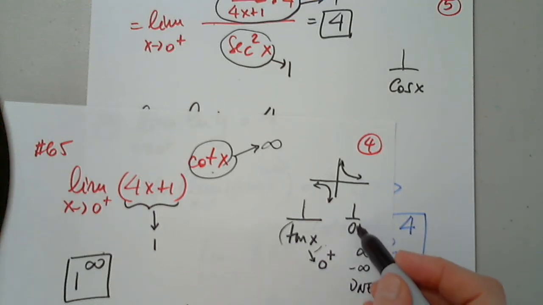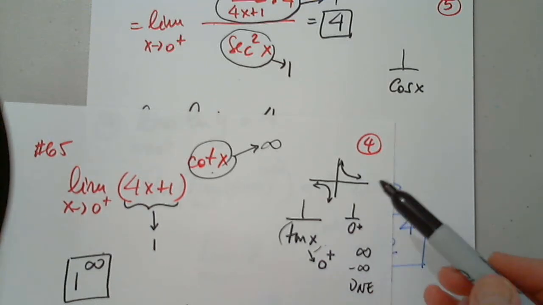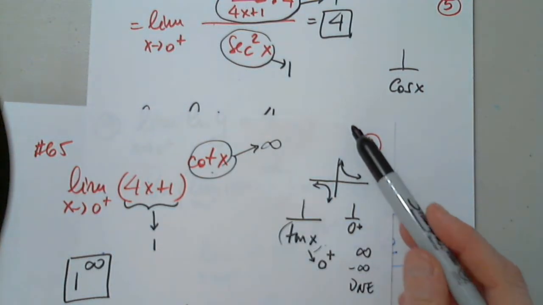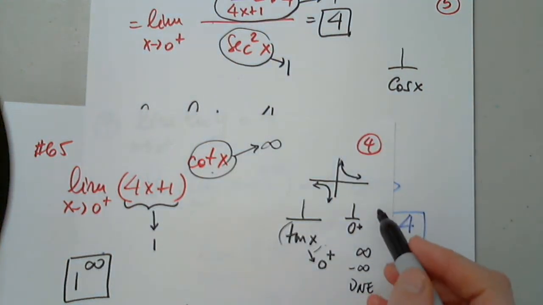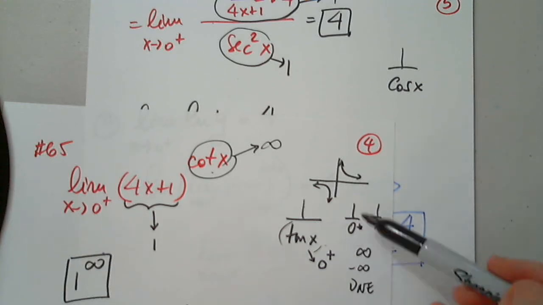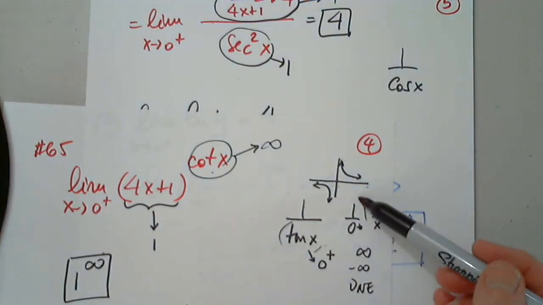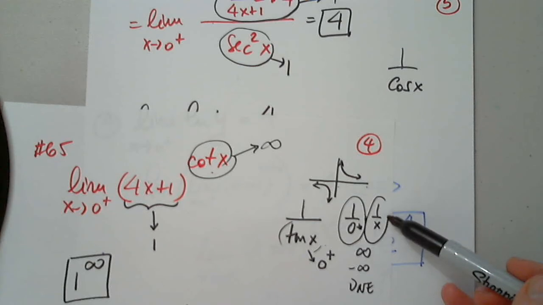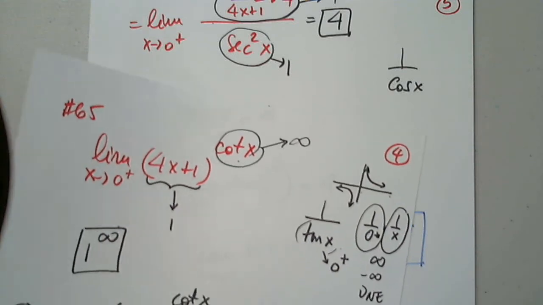But this is 0 from the right. 1 over 0 from the right is this, infinity. It's the same with the function 1 over x, when x approaches 0 from the right. So this function is this function. Understood, thank you. Better? Yep.